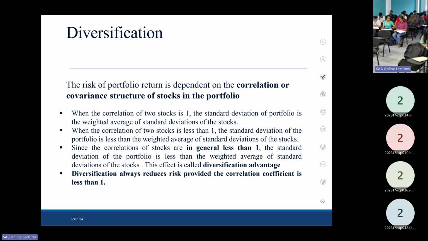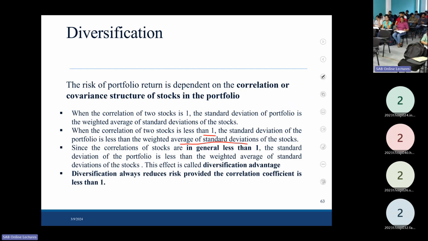If the correlation of two stocks is less than 1, the standard deviation of the portfolio is less than the weighted average standard deviation value. In our example, our correlation coefficient is minus 0.51. It is also less than 1. Or if you take 0.58, you will get a portfolio standard deviation less than the weighted average standard deviation value.